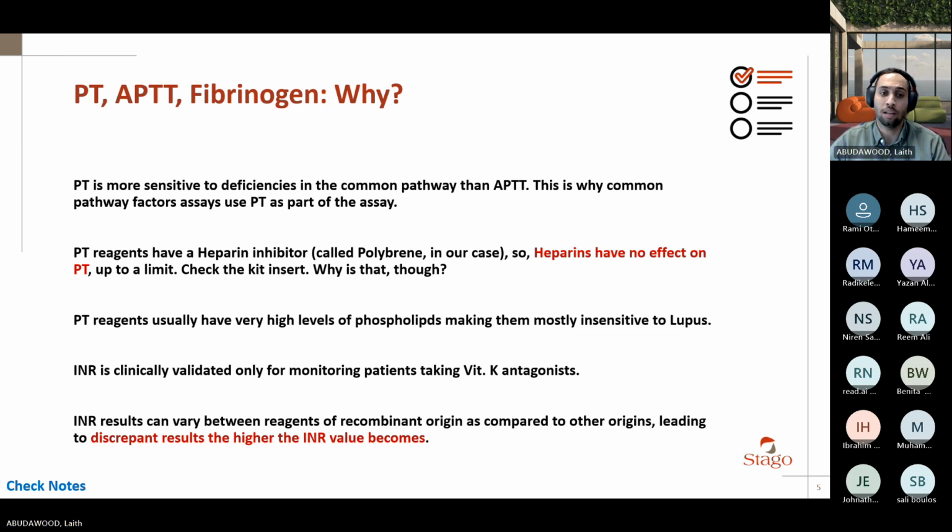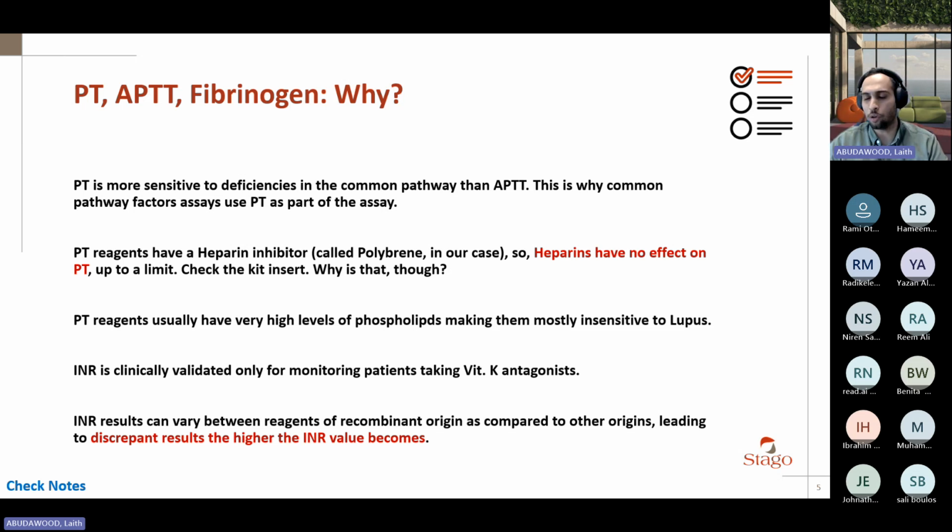PT as a test is more sensitive to factors in the extrinsic and common pathway. APTT is sensitive to coagulation factors in the intrinsic pathway, of course, by definition. APTT is also sensitive to factors in the common pathway, but it's less sensitive than PT. That's why PT is preferred to APTT when I'm trying to quantify factors in the common pathway.